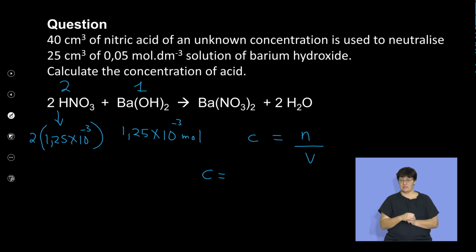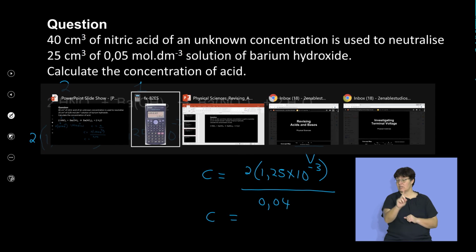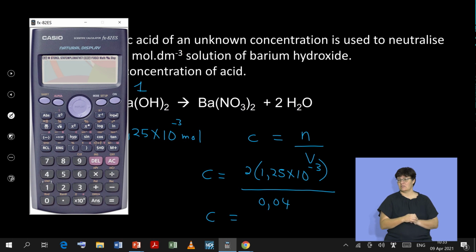So the concentration is 2 times 1.25 times 10 exponent minus 3, which is double the number of moles of barium hydroxide, divided by the volume, which is 0.04 cubic decimeters, since 40 is 0.04 cubic decimeters.